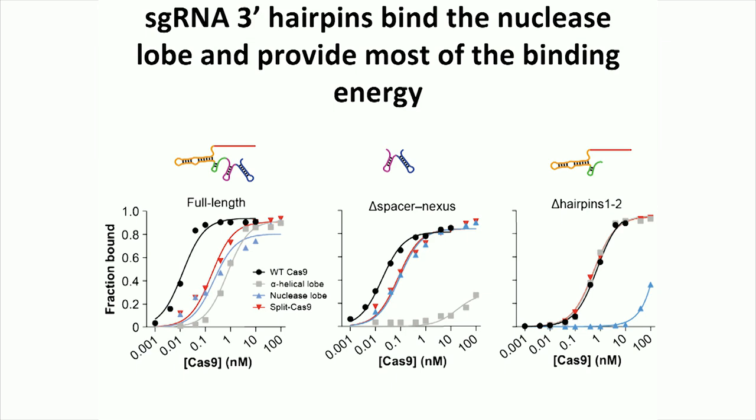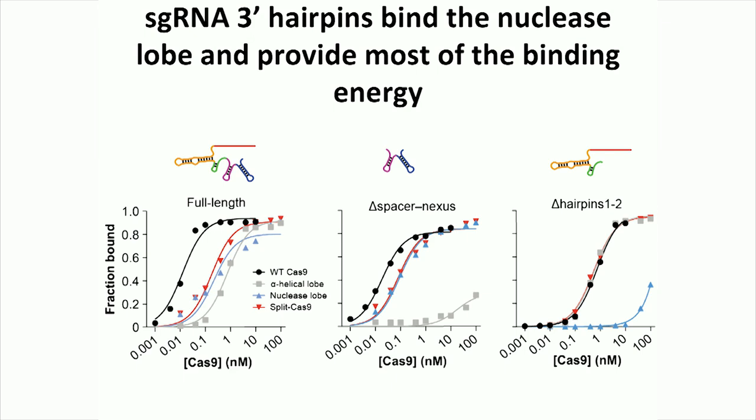So of course the wild-type protein binds more tightly, but we see some binding to this RNA by both of the individual lobes of Cas9 as well as the reassembled complex. But interestingly, it looks like the contributions of RNA to that binding interaction are different.